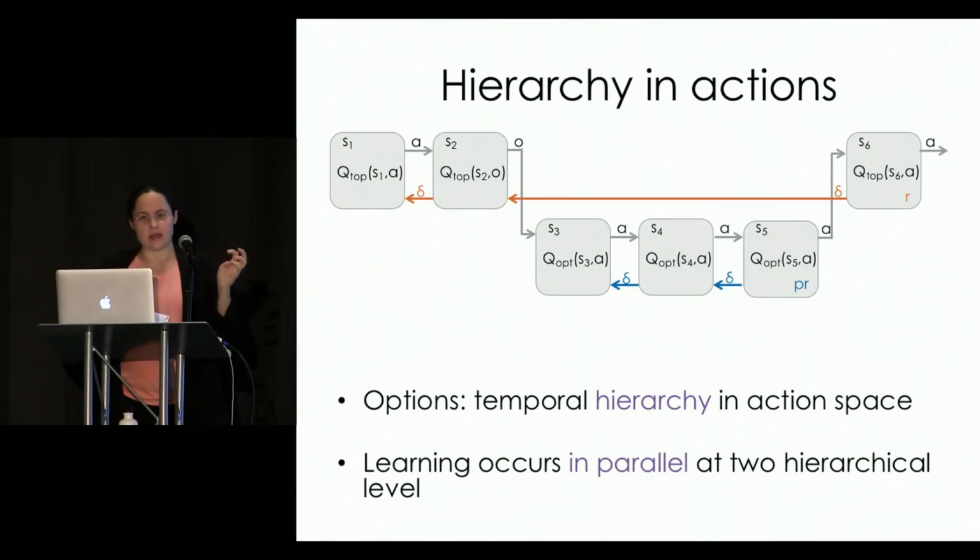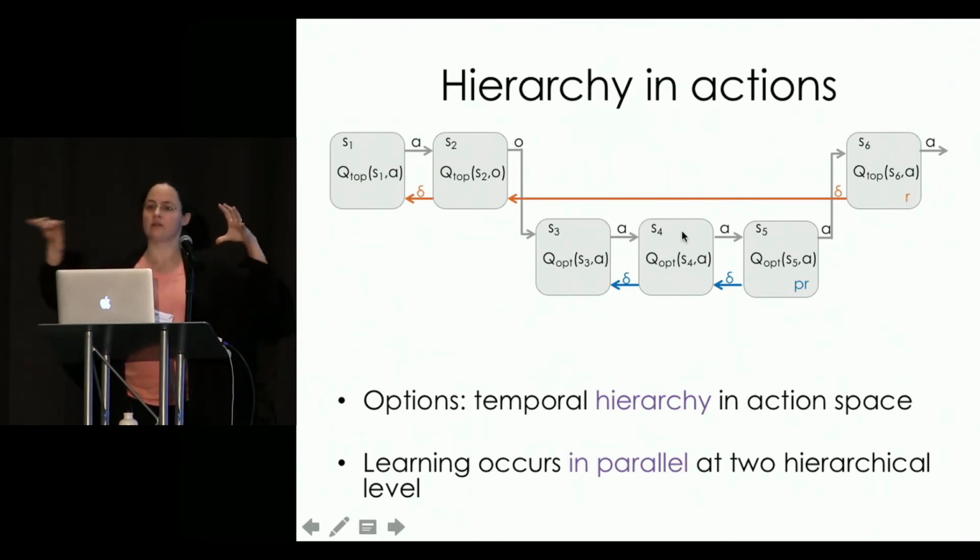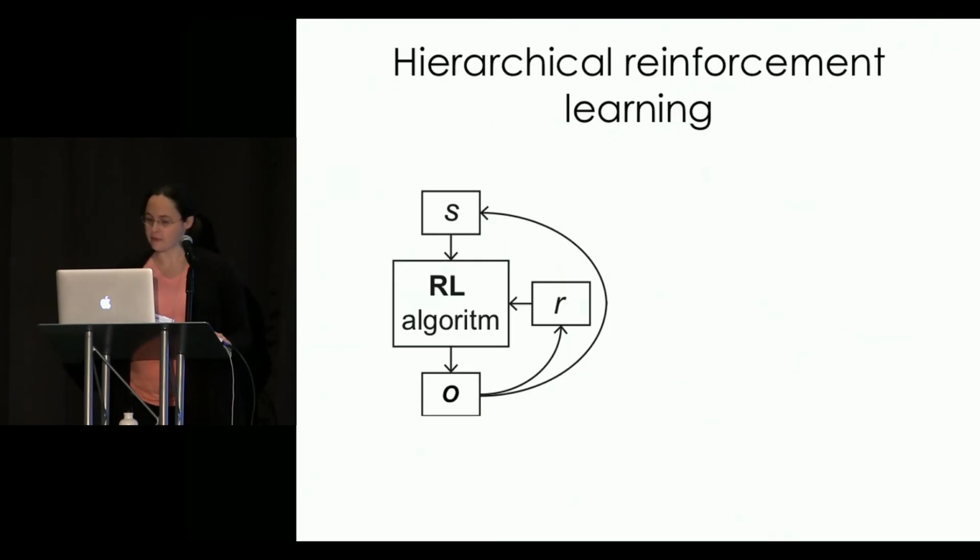And decision-making and learning occur in parallel at multiple hierarchical levels. Here I just say 2 to represent it, but it could be more than that. An option could itself select an option, etc. So in what's called the hierarchical reinforcement learning framework, participants use an RL algorithm to select an option in response to a stimulus.